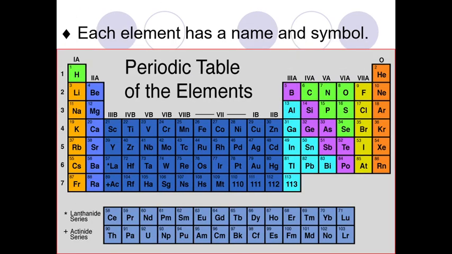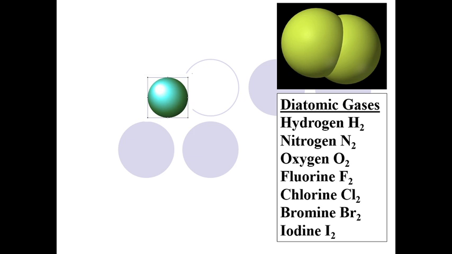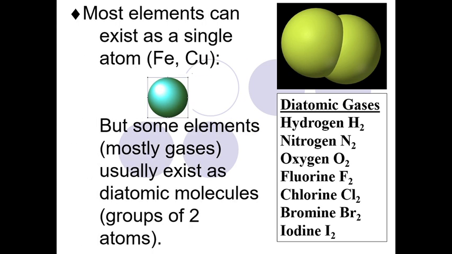Now, all elements are classified according to their different properties, but we'll get to that later when we do the periodic table. They're grouped into this nice little table by Dmitry Mendeleev, what we call the periodic table of elements, according to their properties. Now, most elements exist as a single element, like your iron, for example.